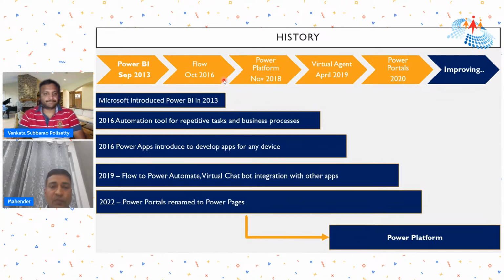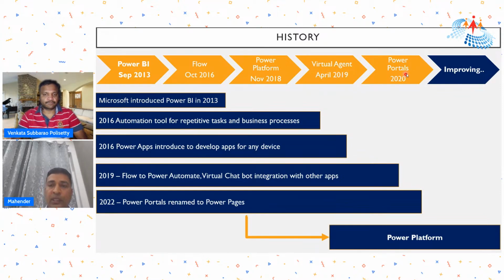Around November 2018, Microsoft formed the Power Platform, and there they combined all these apps, Power BI as well as Flow, and other apps, and built this platform. Around 2019, they introduced the Virtual Agent, which we use for building chatbots.